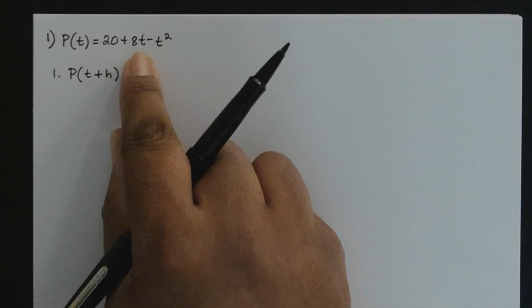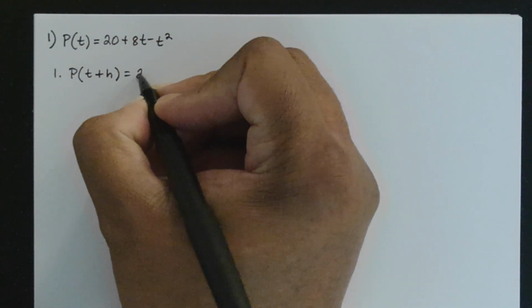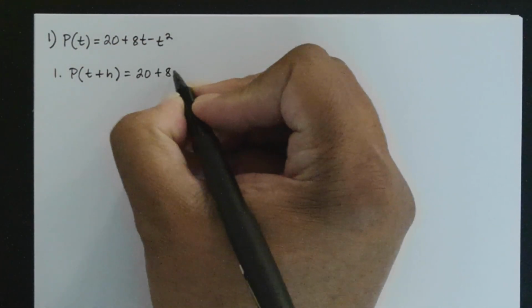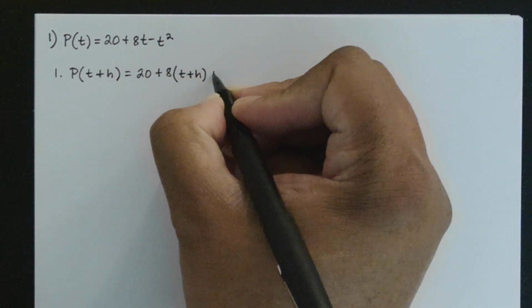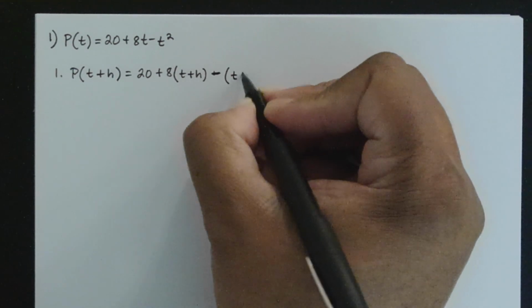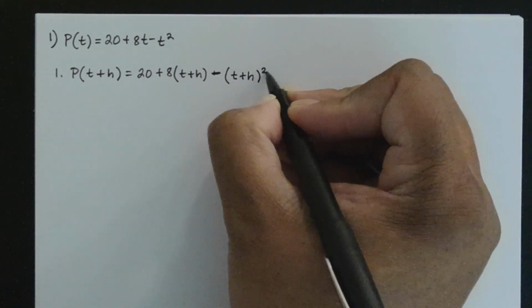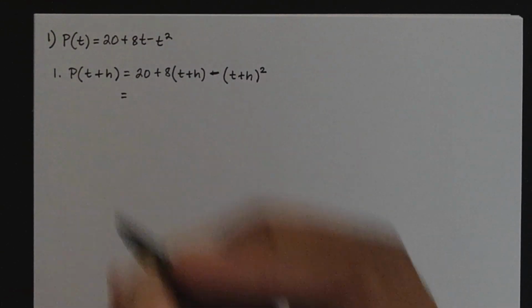So everywhere there's a T, we substitute it with T plus H. So this will be 20 plus 8 times, replace the T with T plus H, minus, our T again would be replaced with T plus H, and that will be squared. And then we just simplify this.